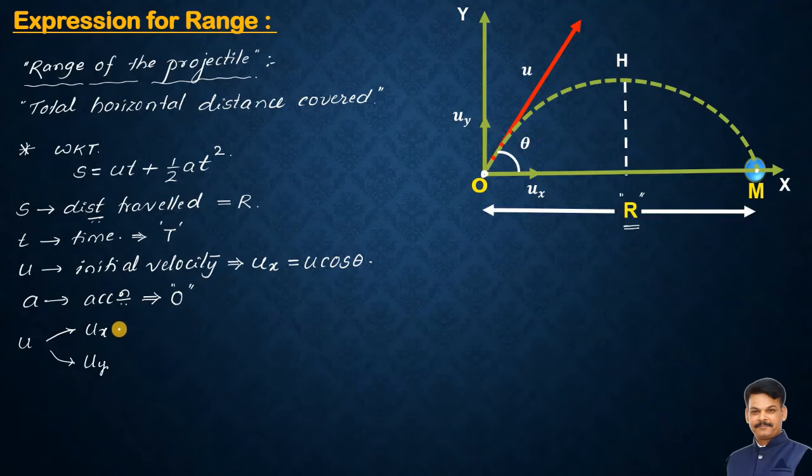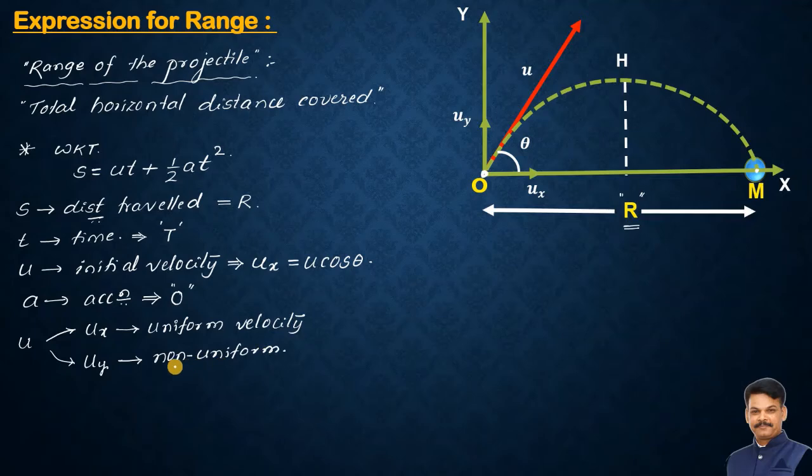Okay, and I told you that the horizontal component of the velocity is uniform velocity. It is the uniform velocity, right? Whereas this vertical component of the velocity is non-uniform, or it is a varying velocity.